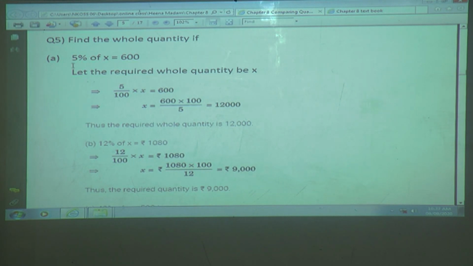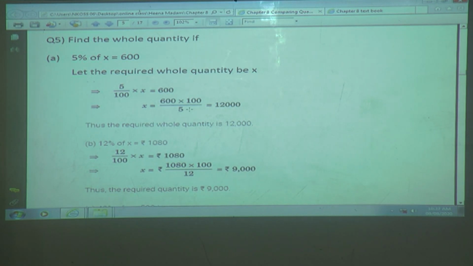So 5% is written as 5 upon 100, multiplied by x, where "of" means multiplication, is equal to 600. Now x is equal to 600 multiplied by 100 upon 5. When it goes from the left hand side to the right hand side, it becomes the reciprocal because it is in the form of a fraction, so it will be 100 upon 5.